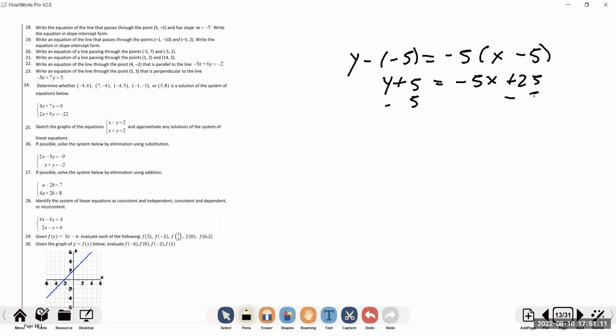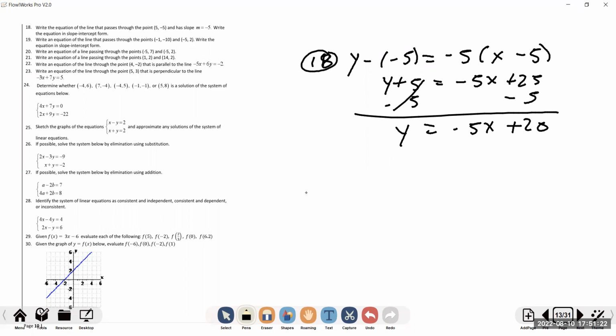Subtract 5 from both sides, and y is equal to -5x plus 20.